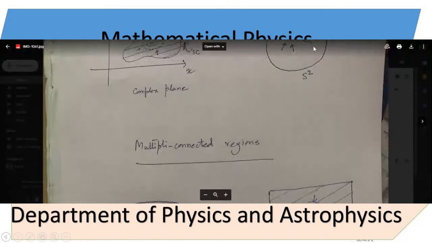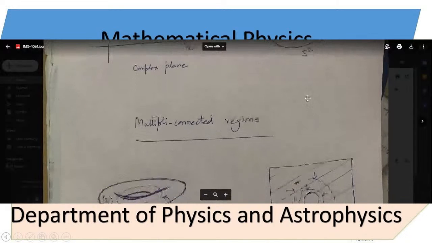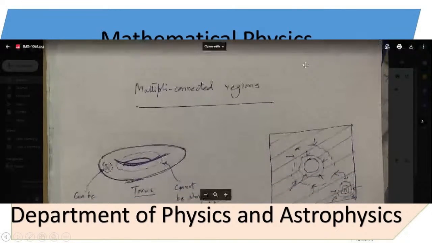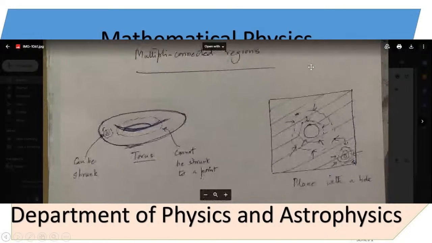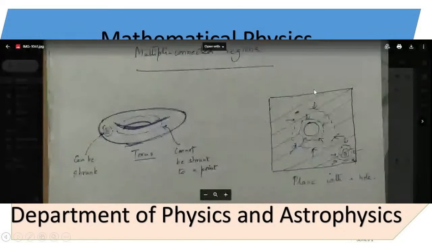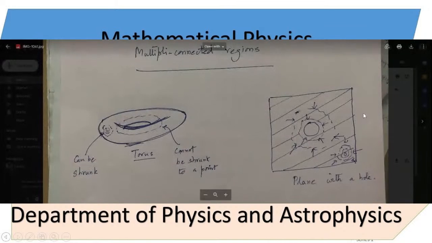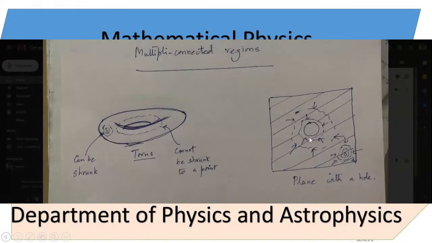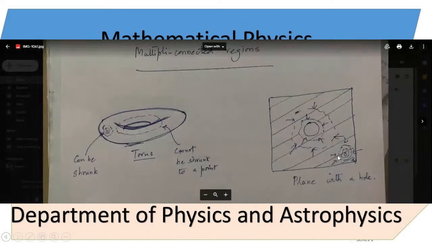Okay. Now let's take the example of a multiply connected region. Take a square region and cut out a hole. If you have a square region on a plane and you remove a portion, this is the hole. Of course, away from the hole, you can take any contour and shrink it to zero size.